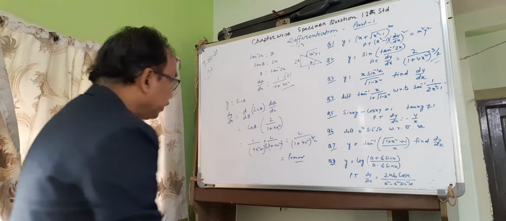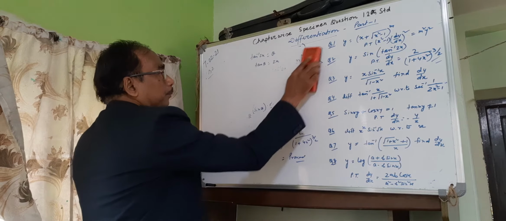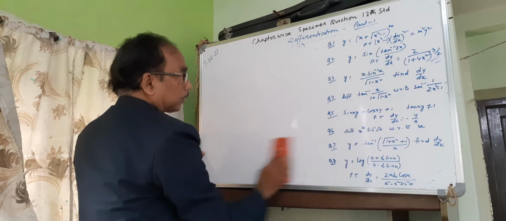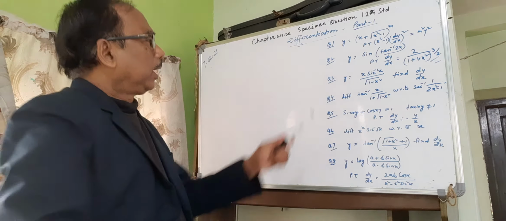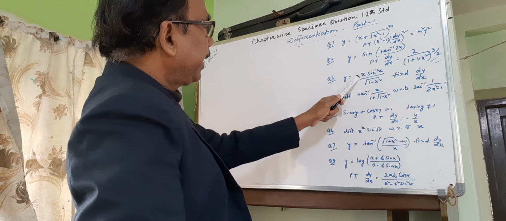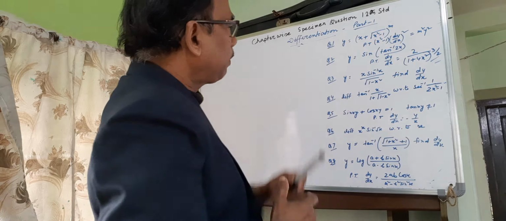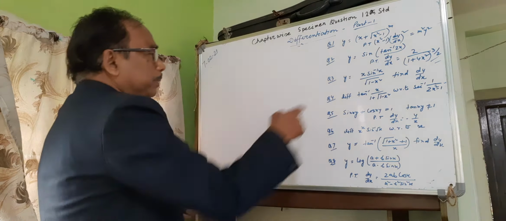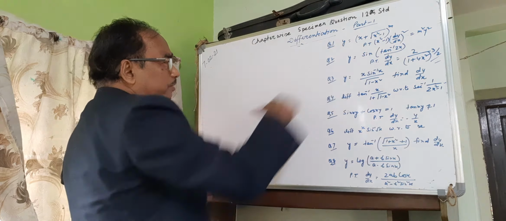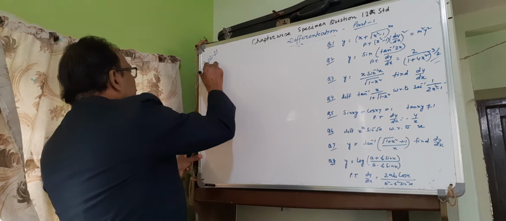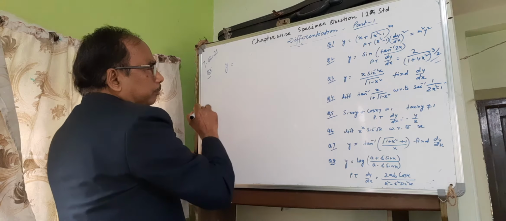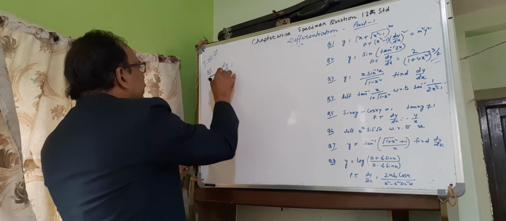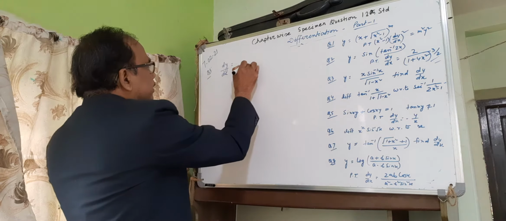Next, question number 3. y equals to sine x sine inverse x by root over 1 minus x square. It is differentiation of a division. We differentiate with respect to x.